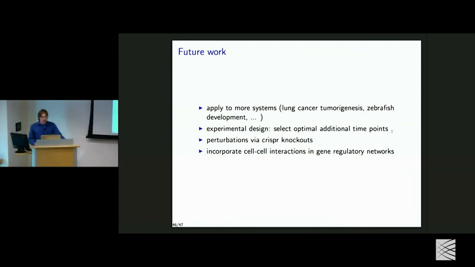And we're also interested in doing intervention studies with CRISPR knockouts, and incorporating cell-cell interactions in these models for learning gene regulatory networks. There was a lot of cool cell-cell interaction stuff in the data set as well, that we can talk about offline. So with that, I'll take some more questions.